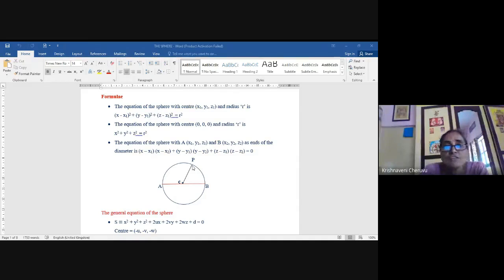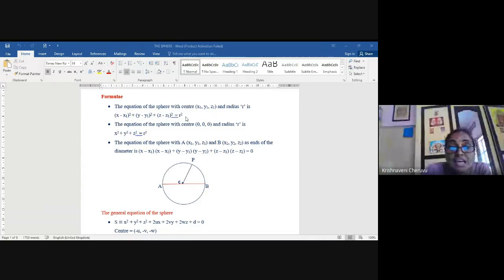Okay. Now you see the very first equation of the sphere. If you are given a center, the point C, and a radius, the distance CP, you can simply substitute in this equation to get the equation of the sphere. So if you know the center and radius of the sphere, by using this formula you can find out the equation of the sphere.